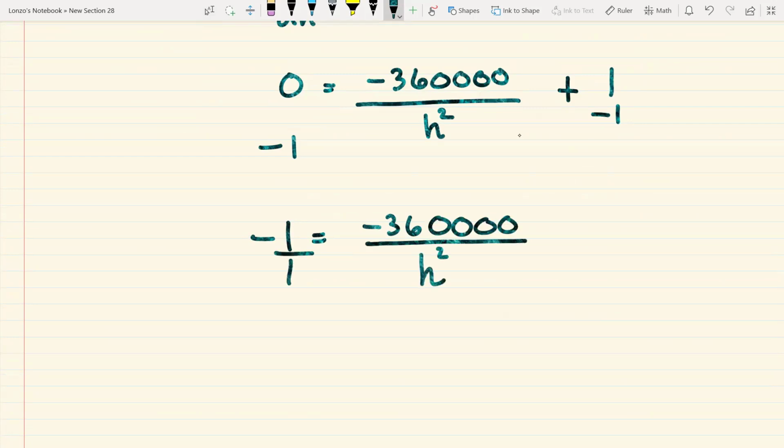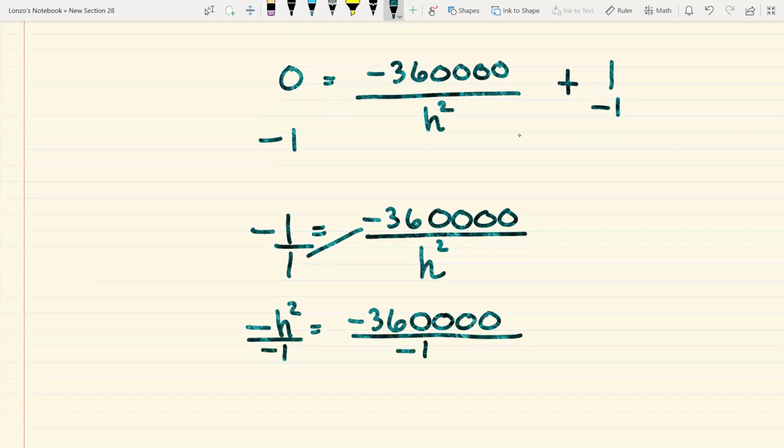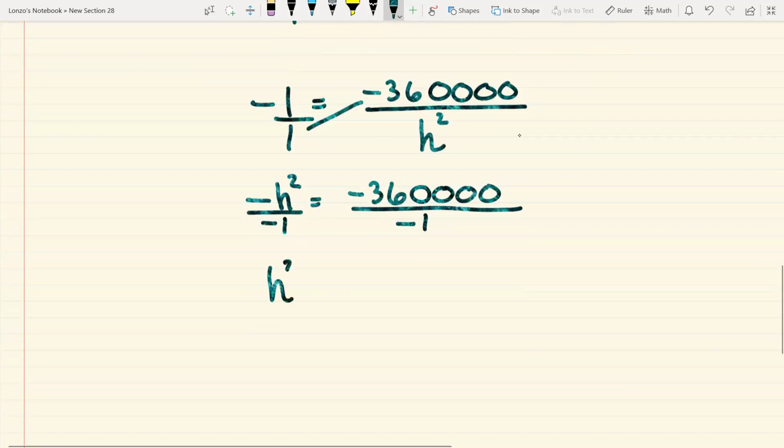Cross multiply, so h squared times -1 is -h squared, and 1 times -360,000 is -360,000. Get rid of this -1 by dividing both sides by itself. So you get h squared equals 360,000.